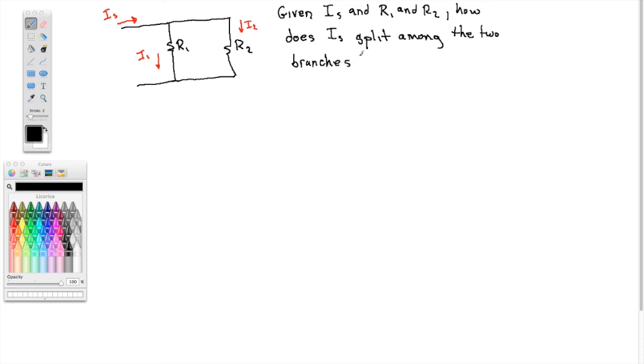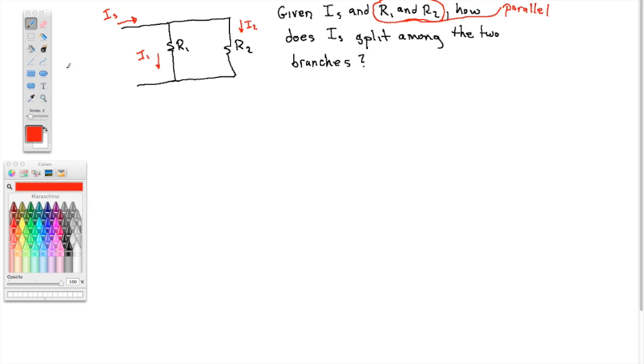That is, what is I1 and I2? And I do want to point out, these 2 resistors have to be in parallel for this example. So that should be: given 2 parallel resistors, R1 and R2, and the current IS, how does IS split in those 2 parallel branches?